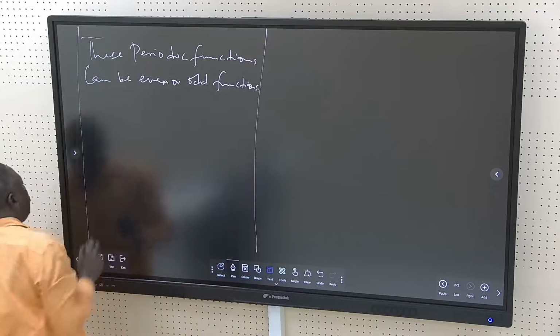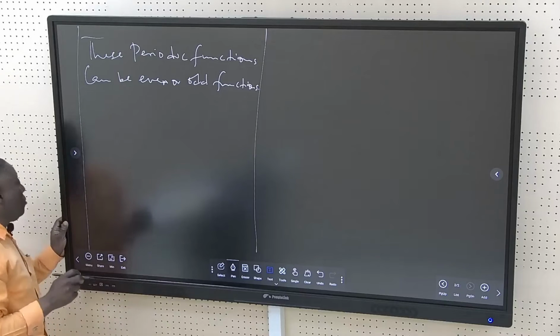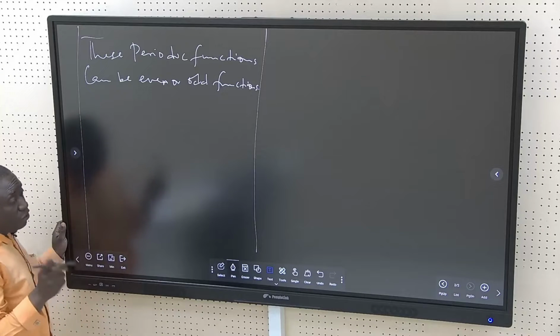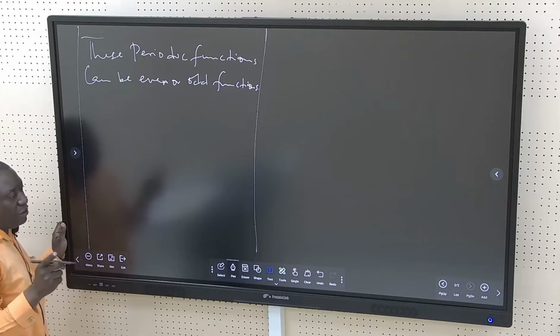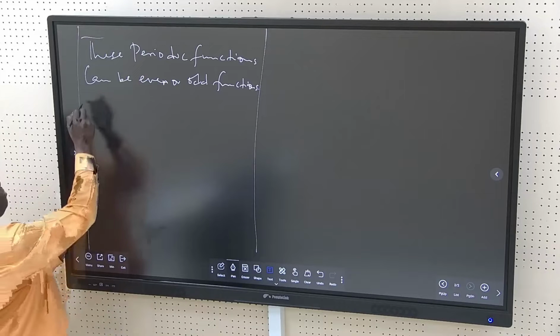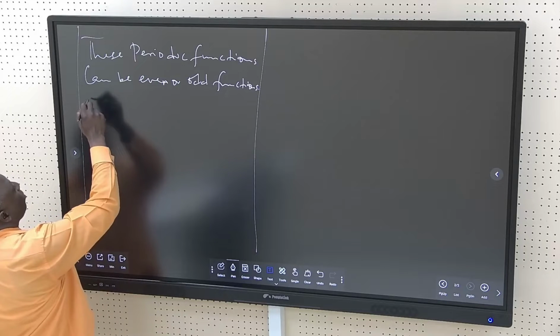We'll need to understand a little about what discontinuous functions or periodic functions are.